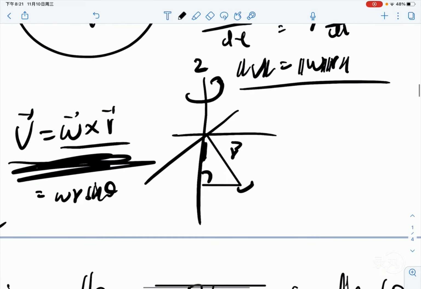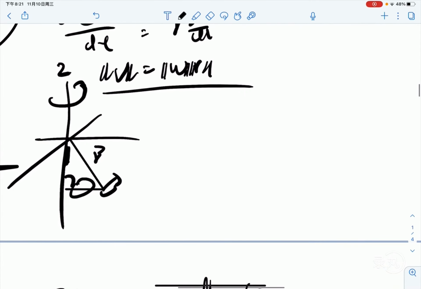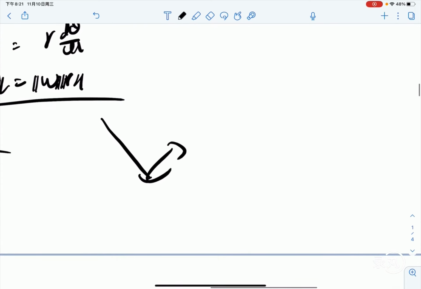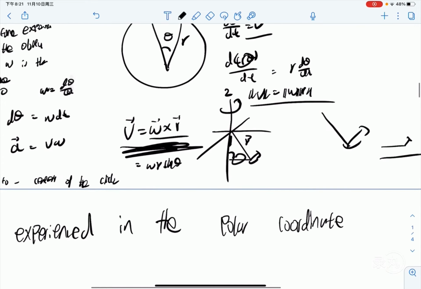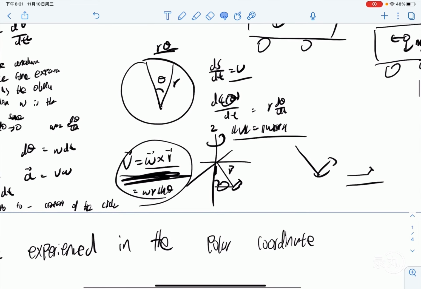So the velocity in this case is the same as the velocity in this case, and thus this equation works. Just remember this fact, it's quite important.